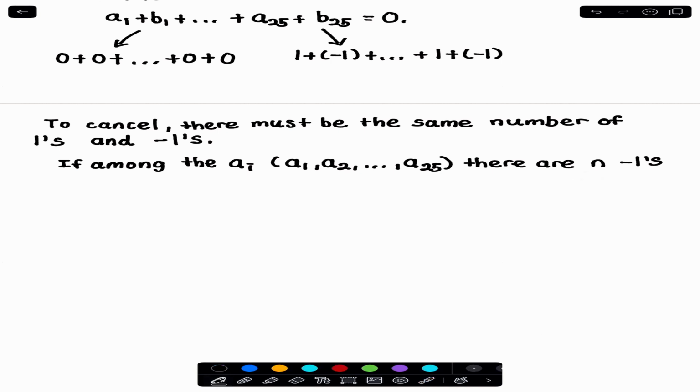We don't know n, so I'm just using a variable. So I'm saying that there are n negative ones.